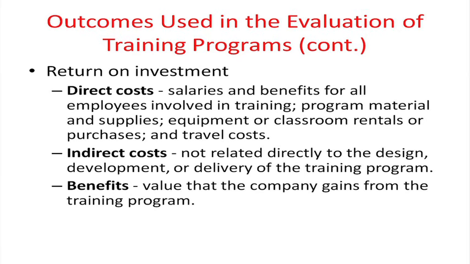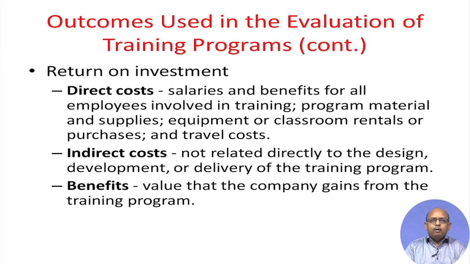When I am talking about the direct cost, it means the salaries and other benefits of the employees who are involved in the training program, the investment that you have made in designing and developing a program, materials, equipment, classrooms, travel. So, all costs that are associated and where you have really spent money come under direct costs.